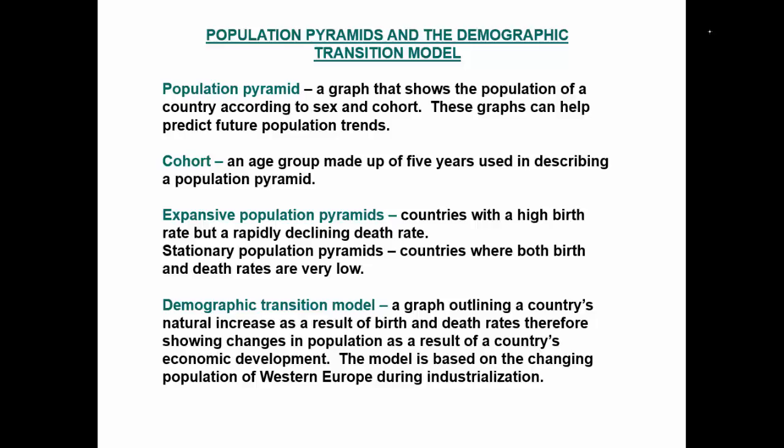So this is going to give us an overview of how the Industrial Revolution changed how a population looked and the components of a population, not only pre-industrial but over the different phases of our modern era.